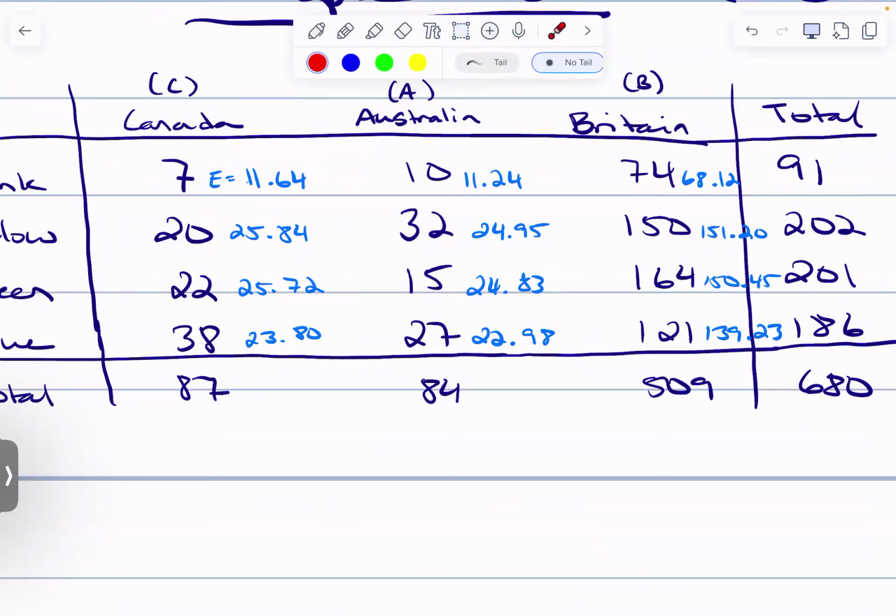Once you have all these, notice I've kept 2 decimal places. Of course, if you're using Excel, then you can reference the cells, right? And kind of drag and drop and kind of make it a little bit more efficient. Okay? But I've kept 2 decimal places just for good measure. And when I cruise through these expected counts, then I see that all of them are bigger than 5, so that's good.